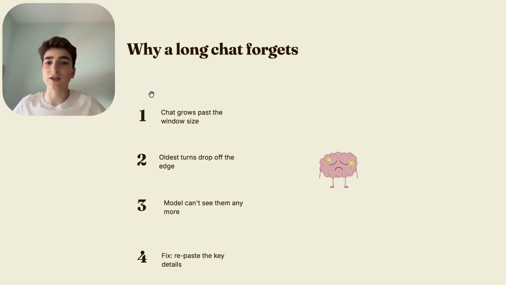When the chat grows past the window size, that's when it starts to forget, but not just when it goes through the limit. Just when it's like 40% left, it even starts forgetting things. So you have to bear in mind that when you hit like 40% left, you have to either compact or ask it to give you a summary of what it has done and what it has to do.